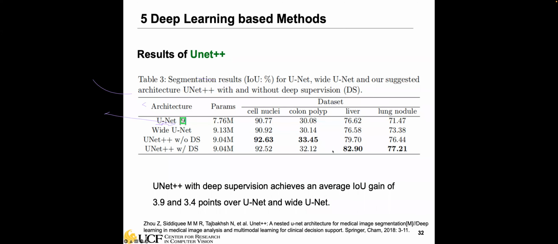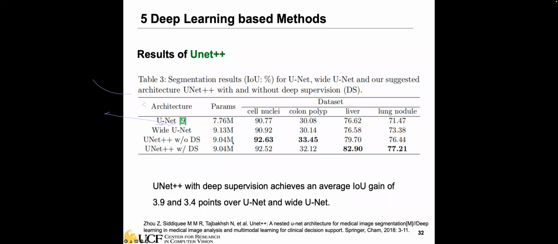And quantitatively, this is their result. This is the score they are using, the IOU score, for this particular data set. They also compare the model complexity, in terms of how many parameters there are in their network.